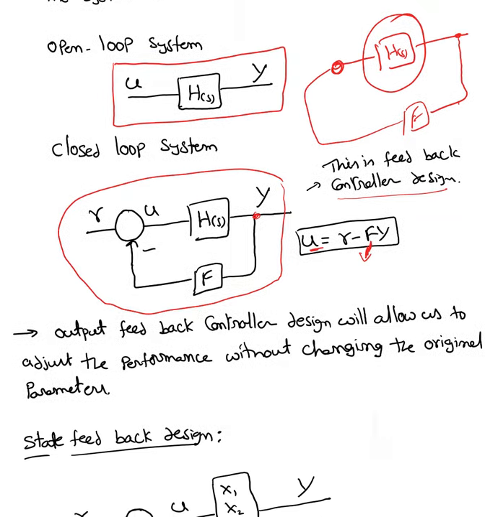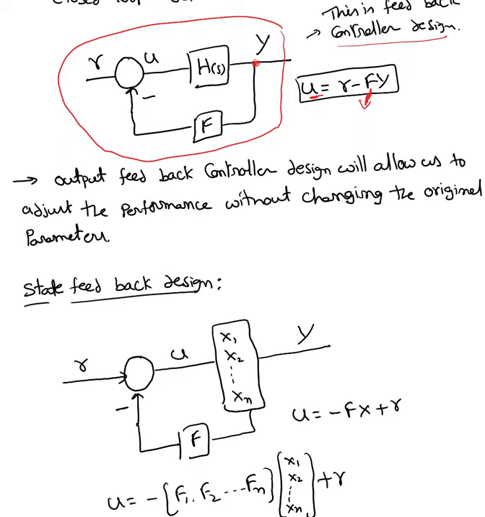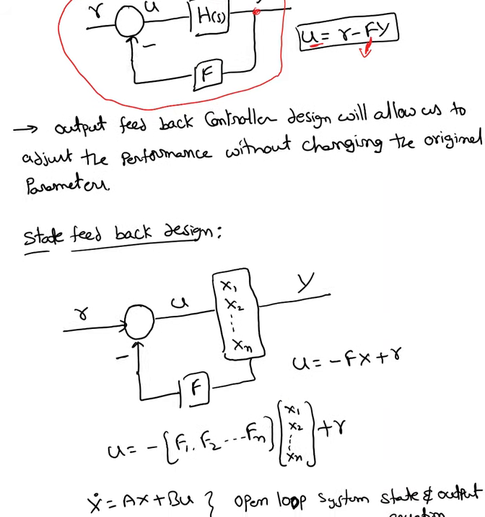Okay, another design is state feedback design. If we have access to the states, x1, x2, x3 state variables, then we can take those state variables and design another feedback to improve the performance of that system.